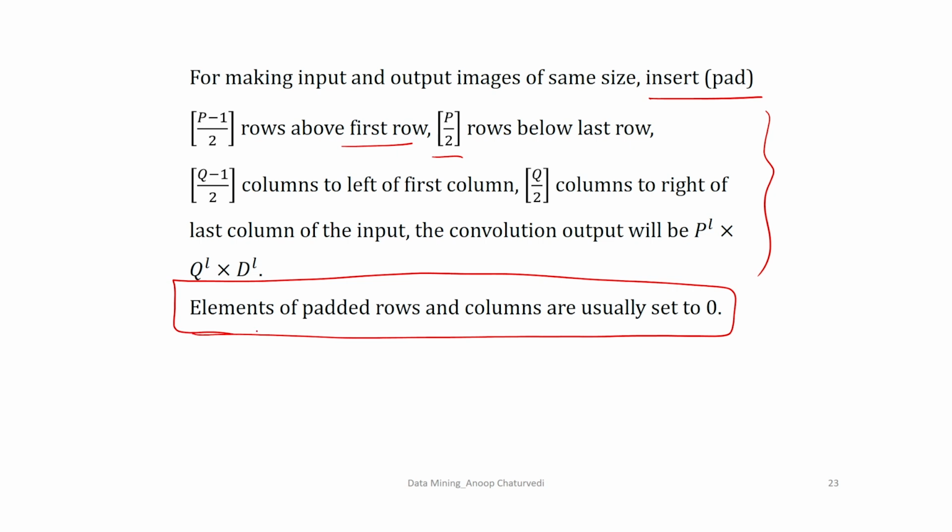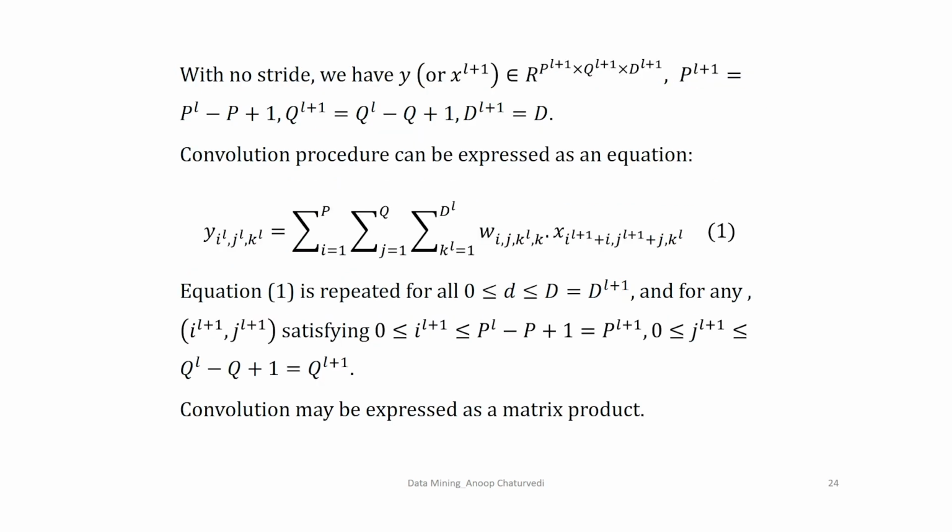So, we set the elements of the padded rows and columns as 0. Now, with no stride, we have x L plus 1 belonging to R P L plus 1, Q L plus 1, D L plus 1, and then P L plus 1 is equal to PL minus P plus 1, Q L plus 1 is equal to QL minus Q plus 1, and D L plus 1 is equal to D.